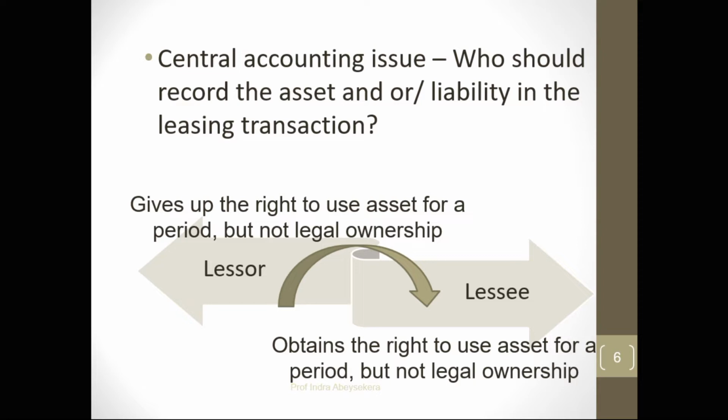The lessor gives up the right to use the asset for a period, but not the legal ownership. The lessee obtains the right to use the asset for a period, but not the legal ownership.